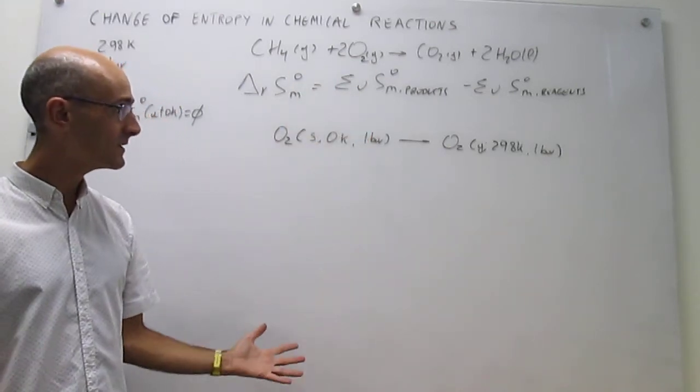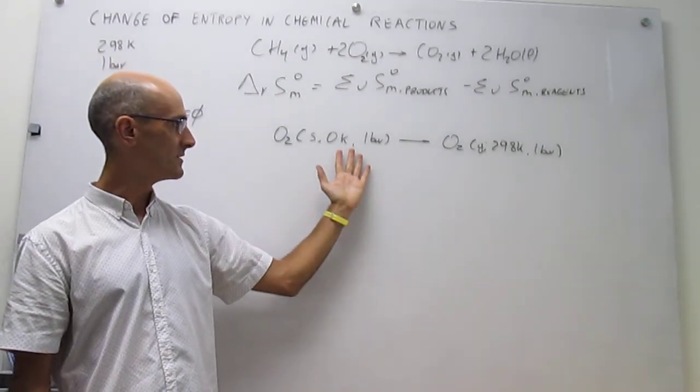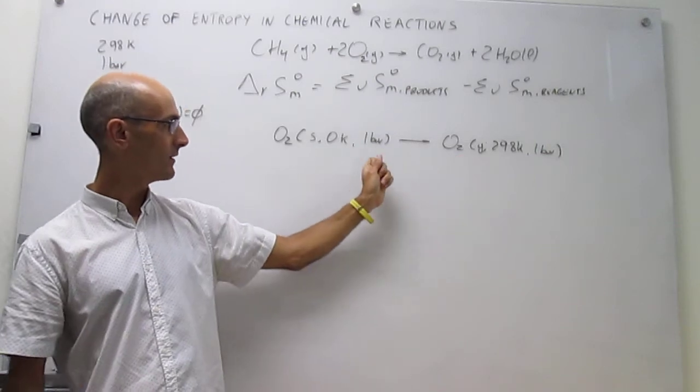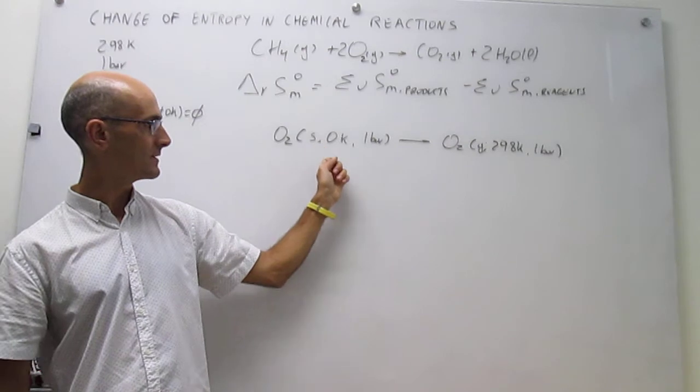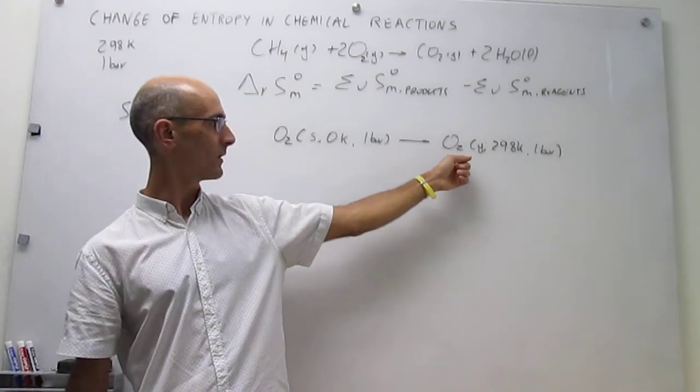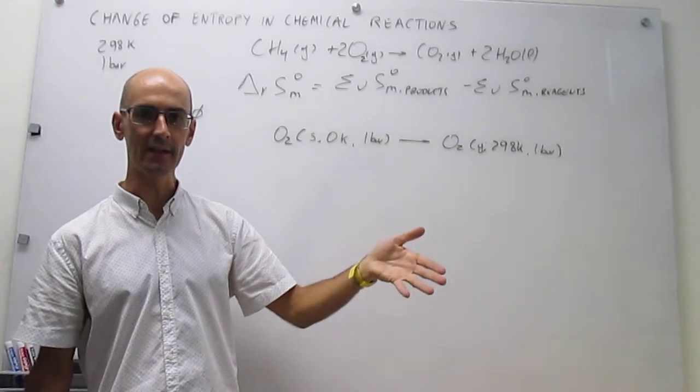Okay, notice that this is not difficult. This is just a combination of processes that are going to take you from here to there. Notice that there's a couple of things that are changing. From the solid you go to the gas, and the temperature is also changing from 0 Kelvin to 298 Kelvin.